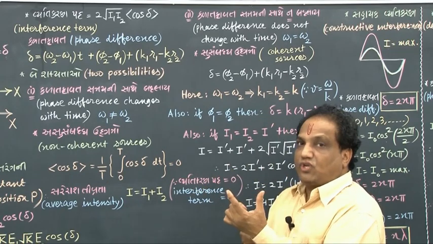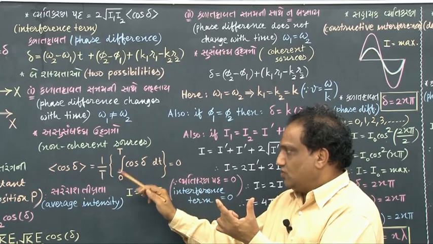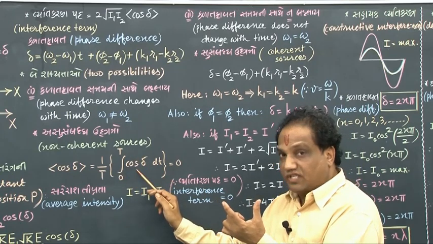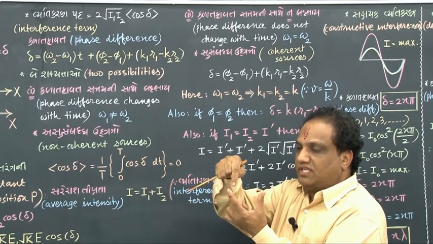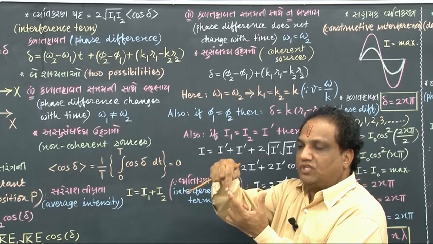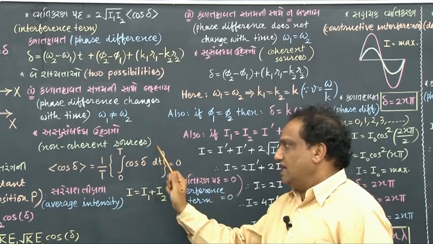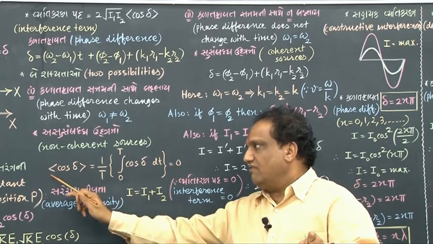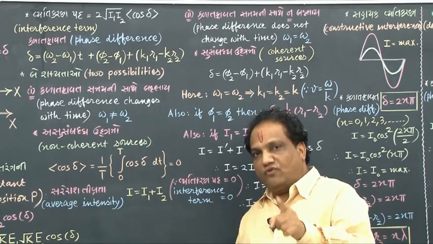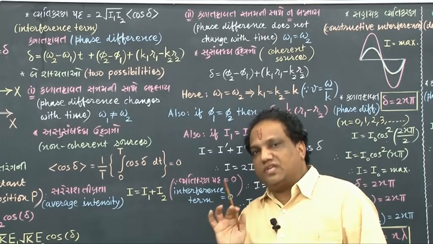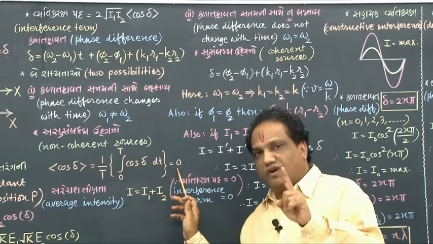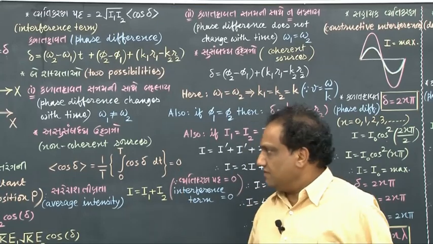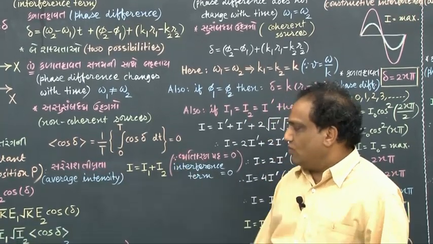Over one periodic time, you should take the integration of all instantaneous values of cos delta at each instant of time in the interval from 0 to capital T, and then divide that summation by the same time interval, and then you will get the average. And you know, for sine or cosine, the average value is 0 over one periodic time.